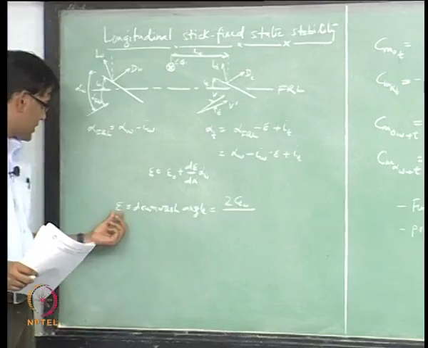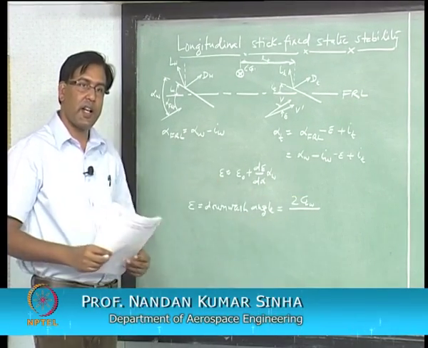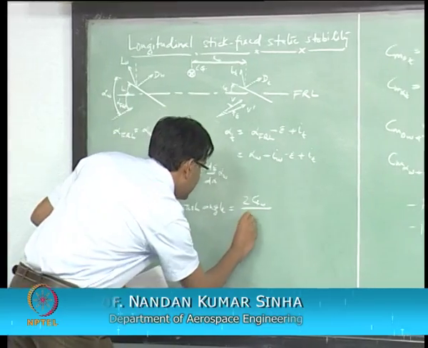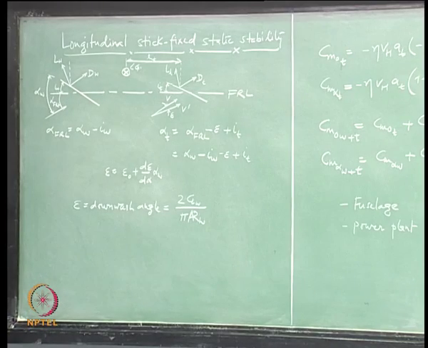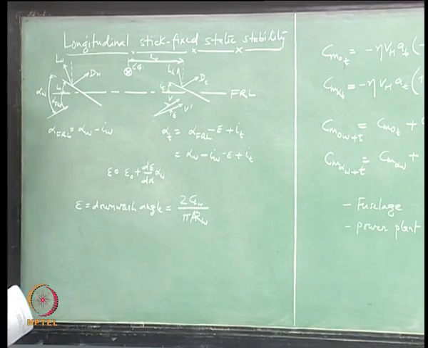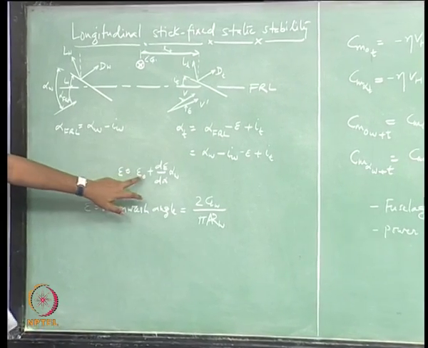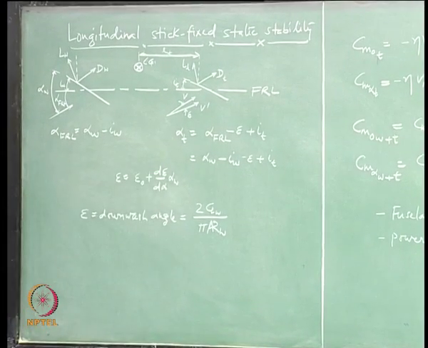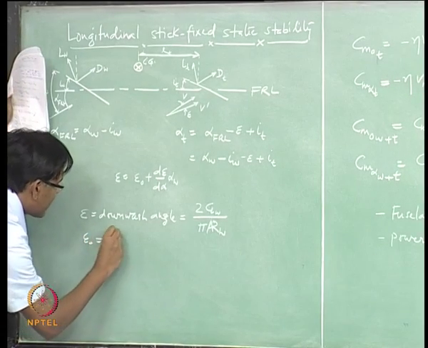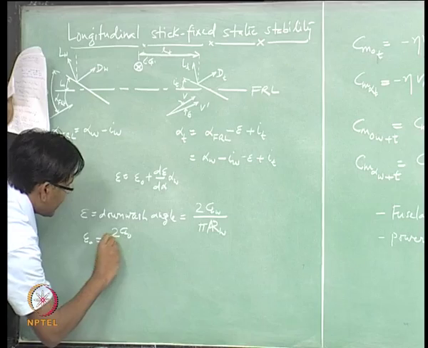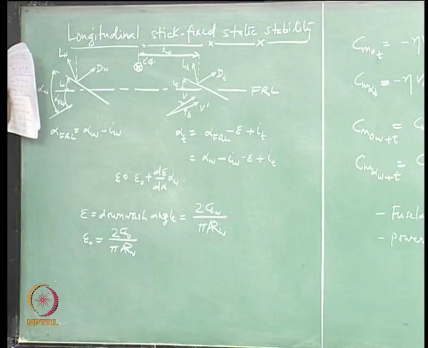So, there is a relation which is between downwash angle, lift coefficient of the wing and the aspect ratio of the wing, right, it's like this. So, I want to find out what is epsilon naught and what is this derivative, right. So, epsilon naught is nothing but, right.